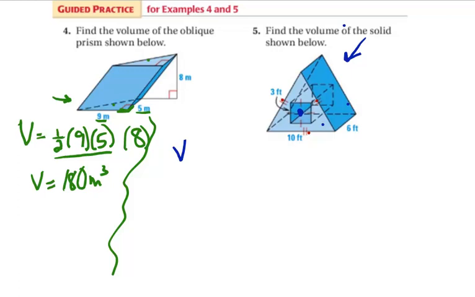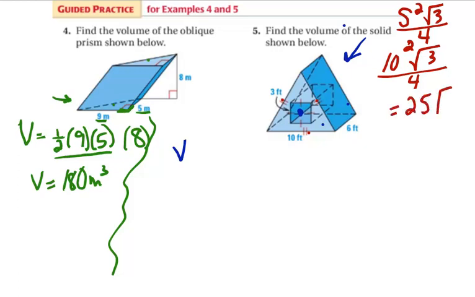And I'm going to write it up here in the corner. If you remember, it's s squared, a side squared, times the square root of 3 divided by 4. And that area formula works for any equilateral triangle. So let's do that. One side is 10 squared times the square root of 3 divided by 4. So that's 100 square roots of 3 divided by 4, or 25 square roots of 3. So that's the area of the base. One base, that triangular base.